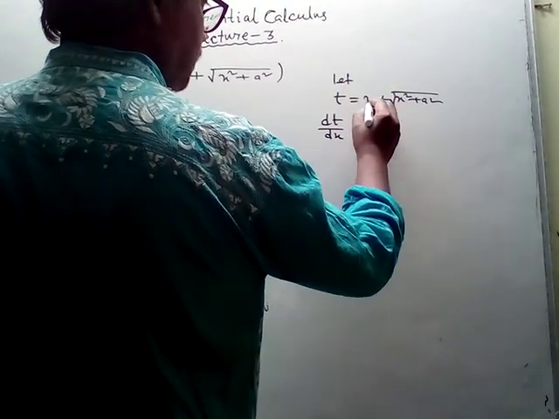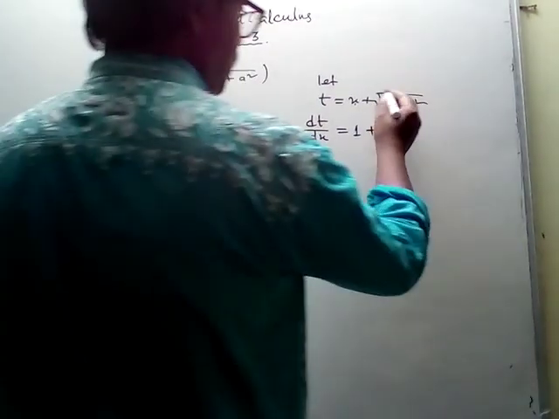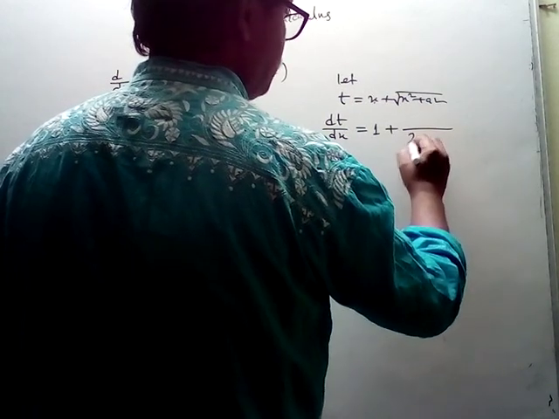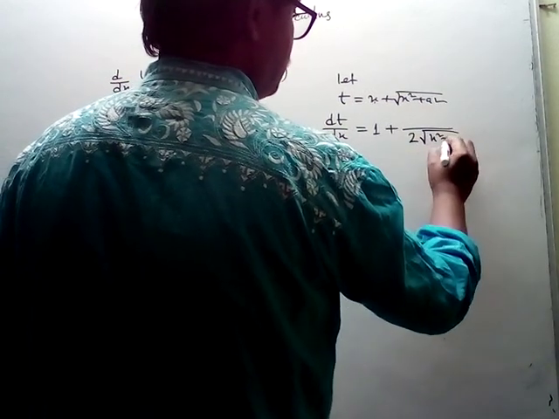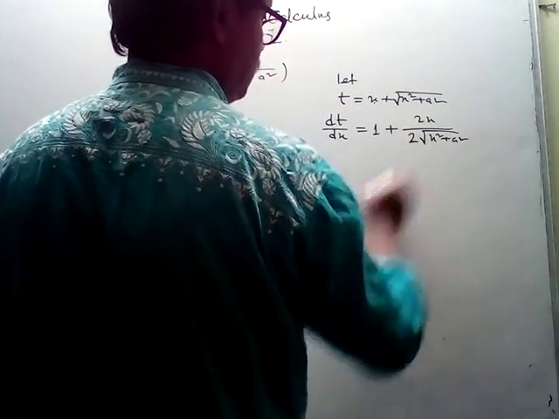The derivative of x is 1, and the derivative of this root over f(x) is 1 by 2 root over x square plus a square into the derivative of x square plus a square, which is 2x.